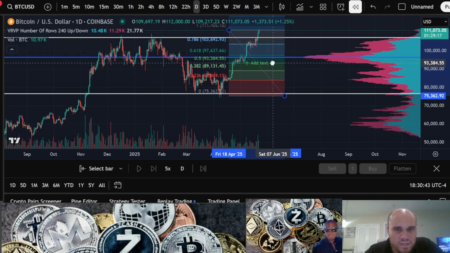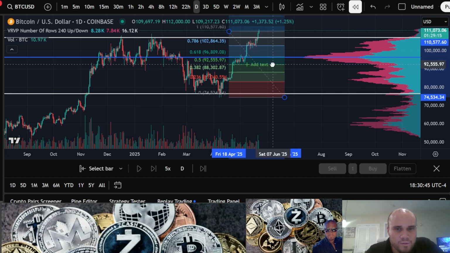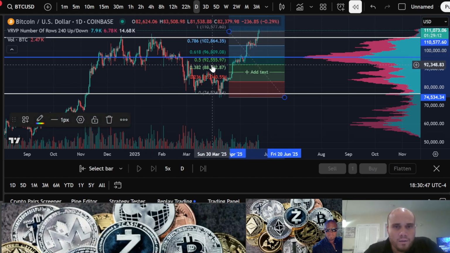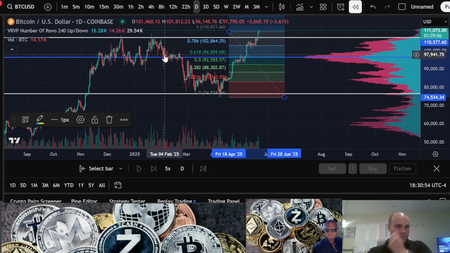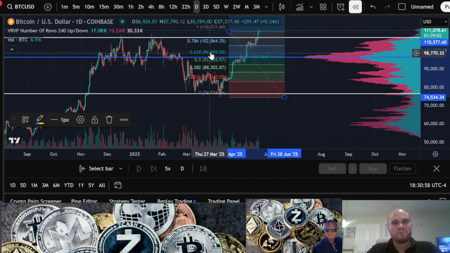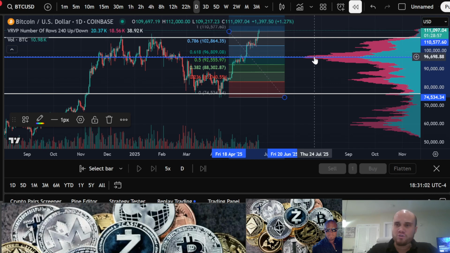And you'll see that the 0.618 was a very crucial level that a lot of Fibonacci traders were looking at with the price of Bitcoin. And that 0.618 level was at $96,800. And you'll also see that the point of control was at $96,700.